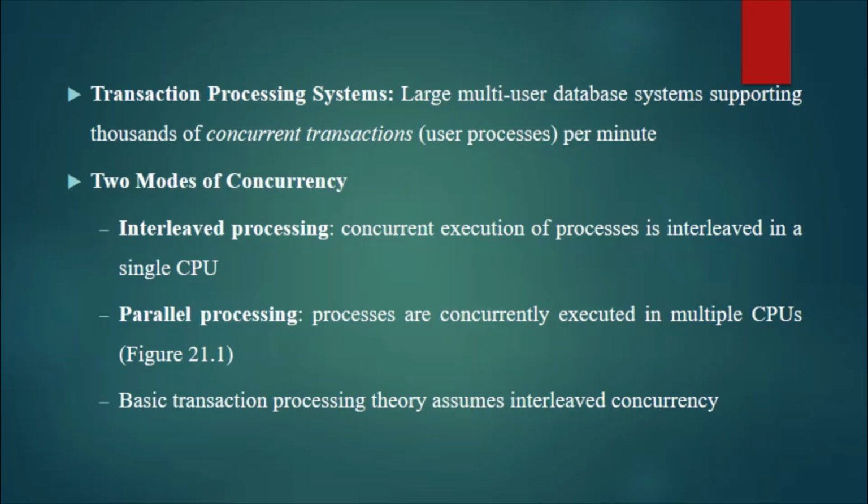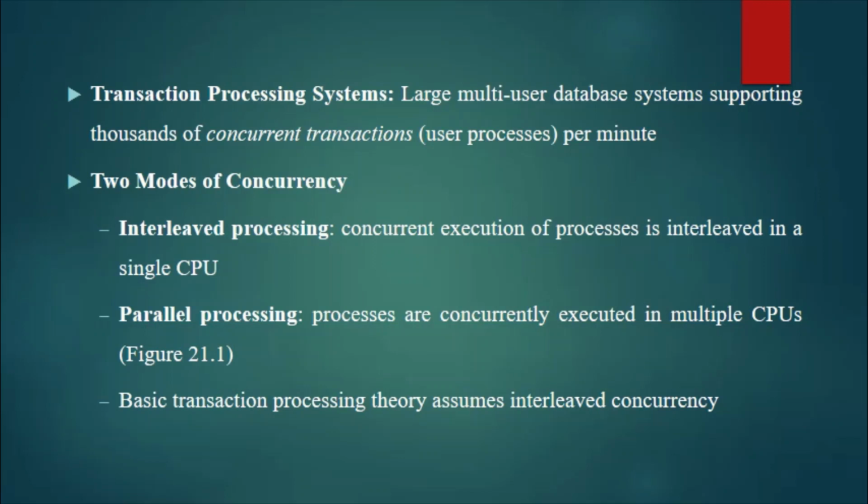But in parallel processing, the processes are concurrently executed on multiple CPUs. In interleaved processing, a single CPU executes all the processes by interleaving them with each other. Depending on how many processes are created, the concurrent execution takes place in the single CPU.